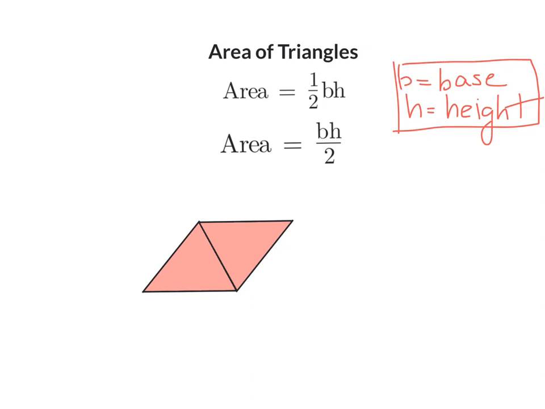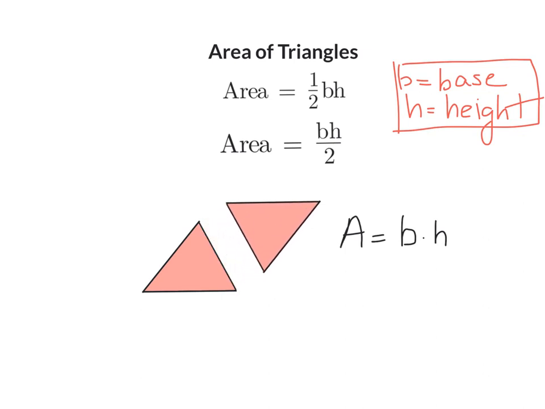And if you remember, the formula for finding the area of a parallelogram is base times height. Well, if you only want to find half of it, then you would just divide it by 2. And now that gives you the area of your triangle.